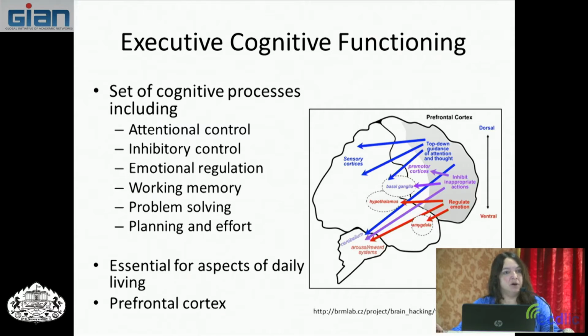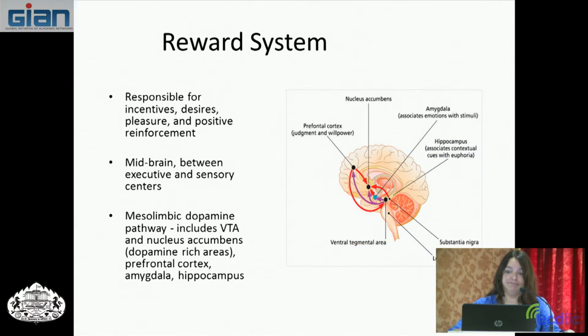So this is the part of the brain that helps to distinguish us from less developed animals, or what we think of as less developed animals. And this is a part of the brain that really makes us human beings and helps us to control behavior and regulate ourselves. So again, these are essential for daily living and mostly occur in the prefrontal cortex.